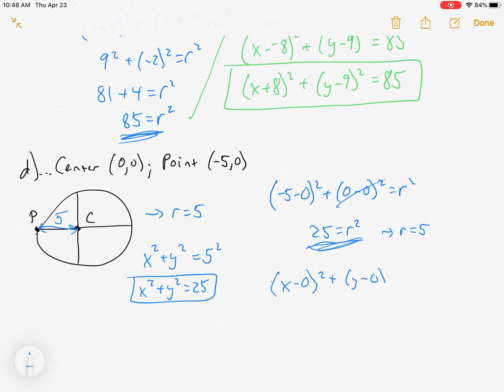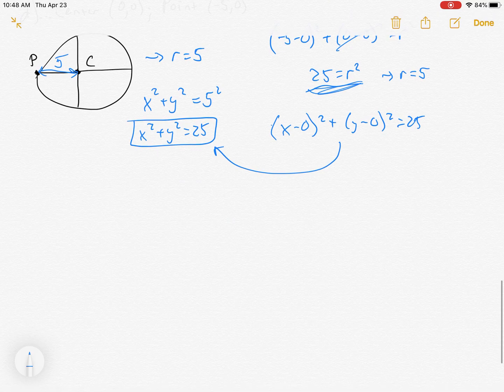We just want r squared, right? So then you have x minus 0 quantity squared plus y minus 0 quantity squared equals 25, or that. So with one like that, you actually don't need to do a lot of work to find the radius. You go a lot quicker.